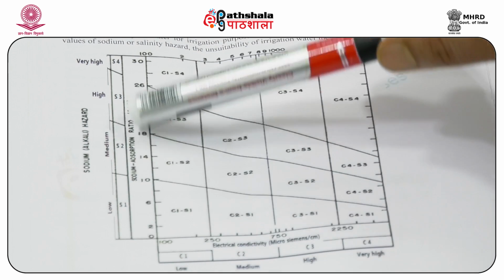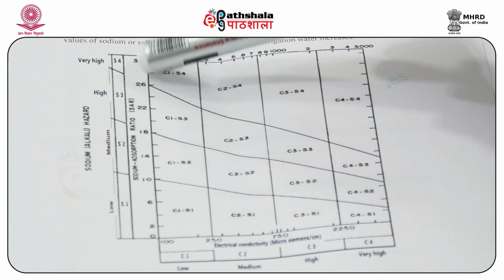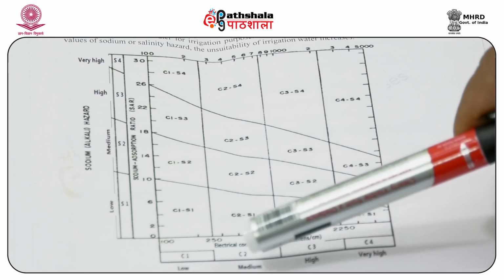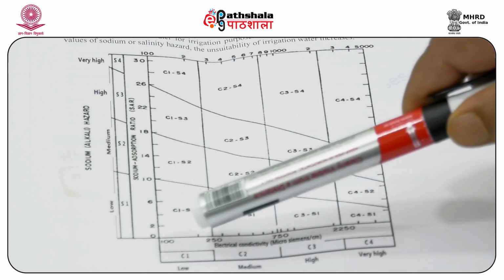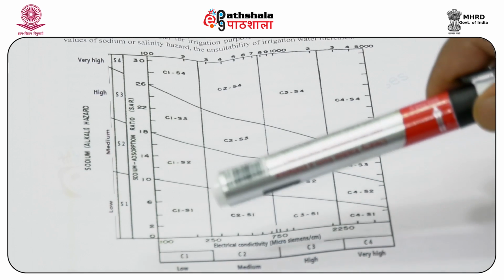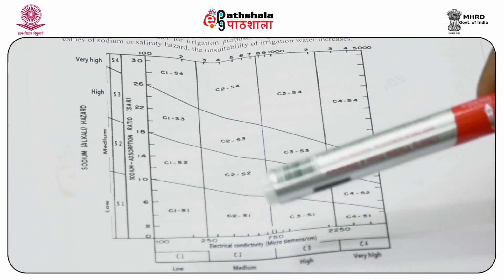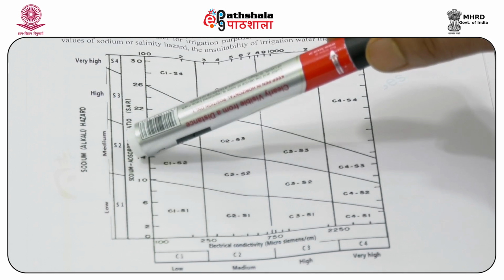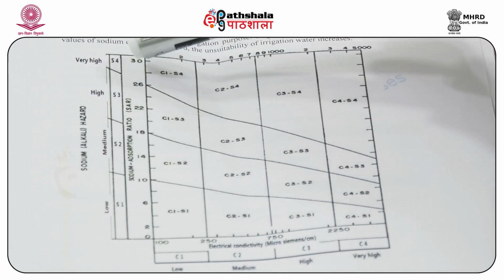And you have a y-axis where you have sodium adsorption ratio. They have been divided into low, medium, high, very high. That is low conductivity, medium electrical conductivity, and so on. Low sodium adsorption ratio, medium sodium adsorption ratio, and like that.